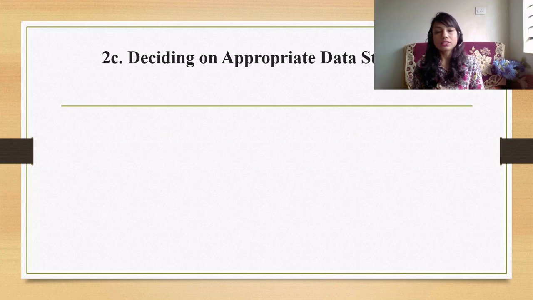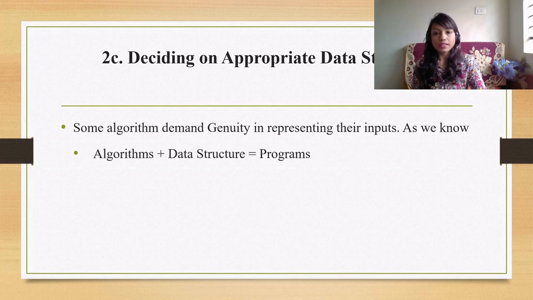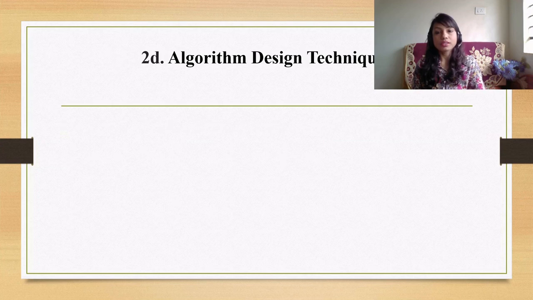So why do we need them? A data structure is an efficient way of storing the data so that your program can utilize it easily, and your program will become efficient. They say algorithm plus data structure gives you a program. So to make the program fast enough, it is not only important to improve the algorithm, but it is also important to improve the data structure. That is why we have to decide on the data structure.